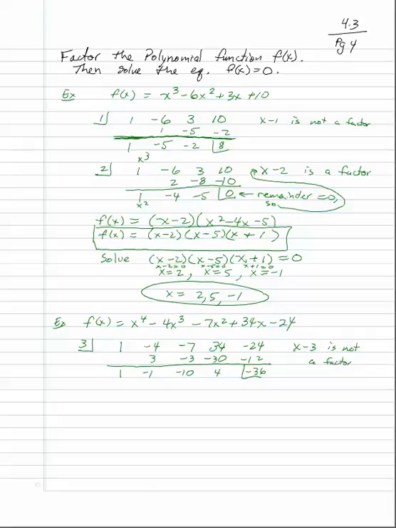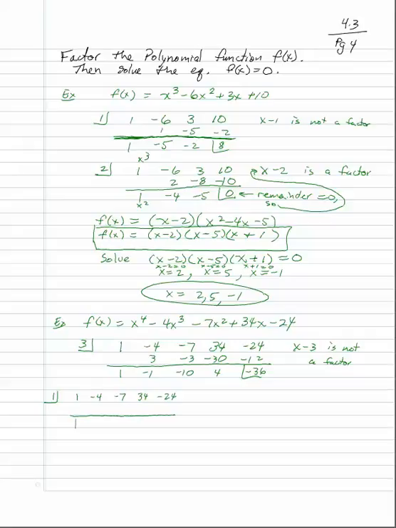Okay, so let's try 1. Now this is x to the fourth, so we can factor down to x squared, so we've got to find 2 linear factors so we can get it down to x squared.